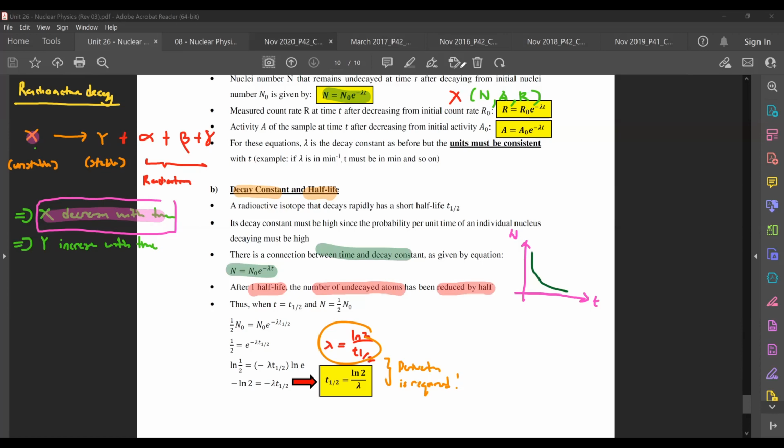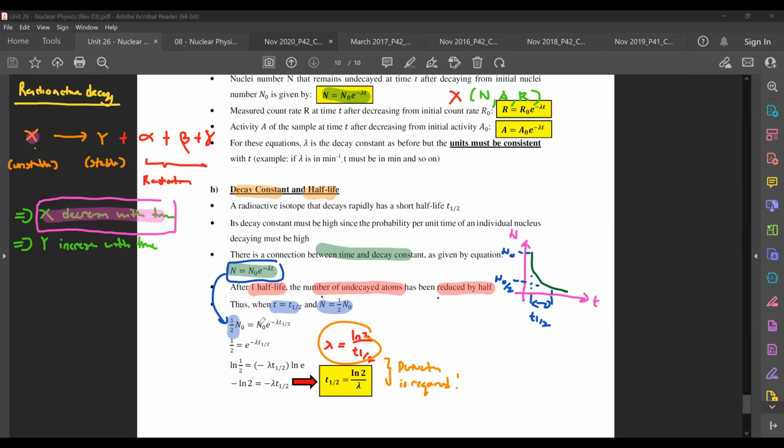If this one is n naught, and after one half-life has passed, n naught will reduce to n naught over 2. That's what this statement means. So when t equals half-life, your n will become half of n naught. So this equation will then become this.